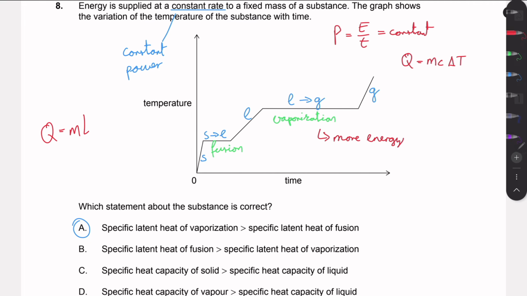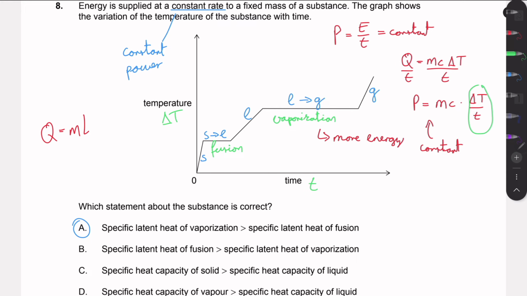But we have power here, so if we just divide everything by time, then we will still have a correct equation. It's just that now we can rewrite it like this. And we know this is constant, as our power is constant.